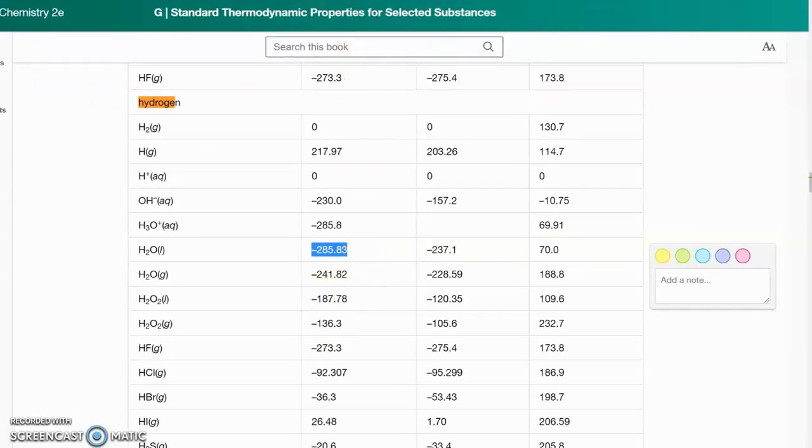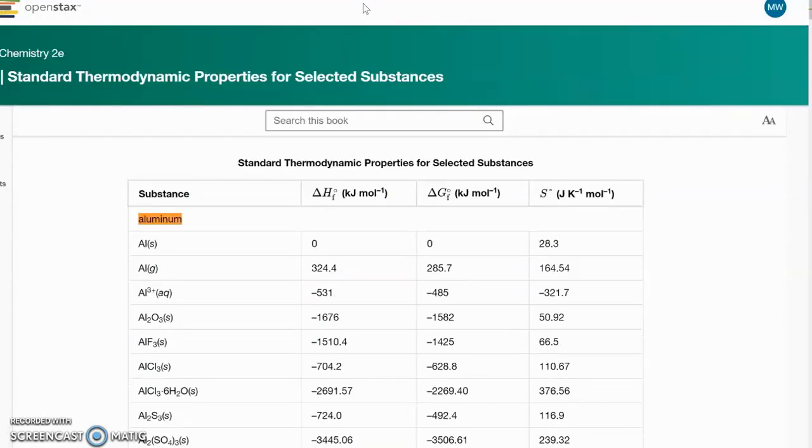We're going to look up aluminum in our Control F. And you'll see here that aluminum solid in its elemental form has a heat of formation value of 0. And a word about this: as we've stated before, all elements in their pure, most common form at standard conditions are going to have a heat of formation value of 0.